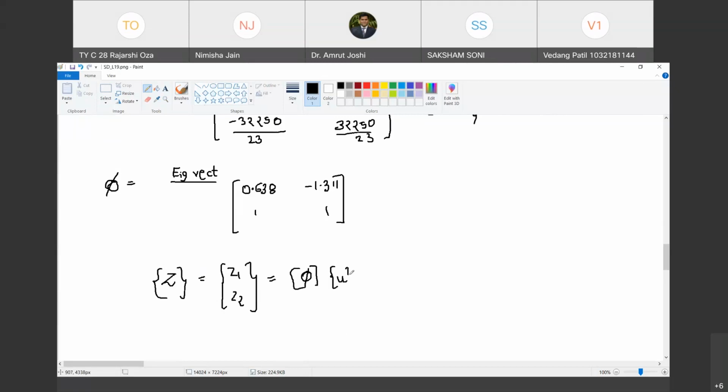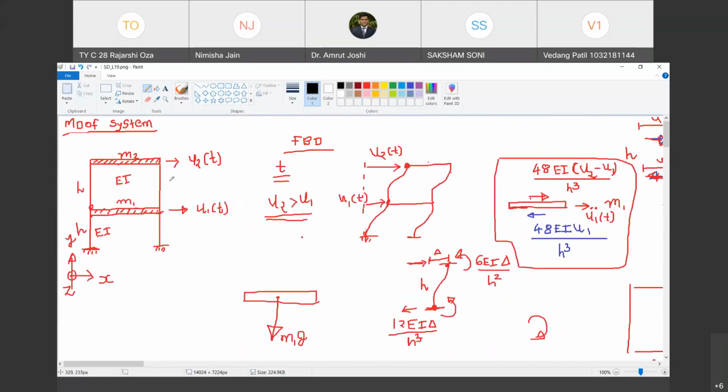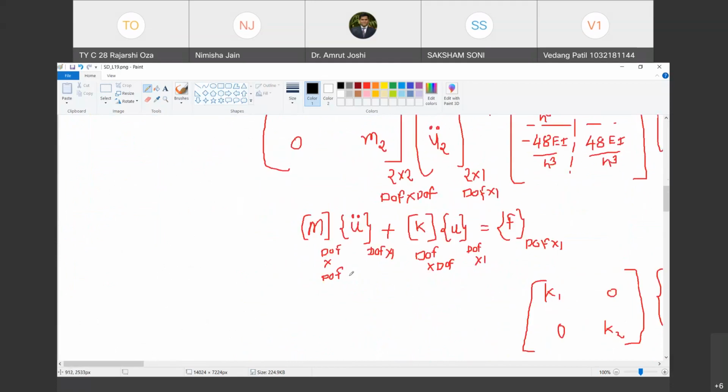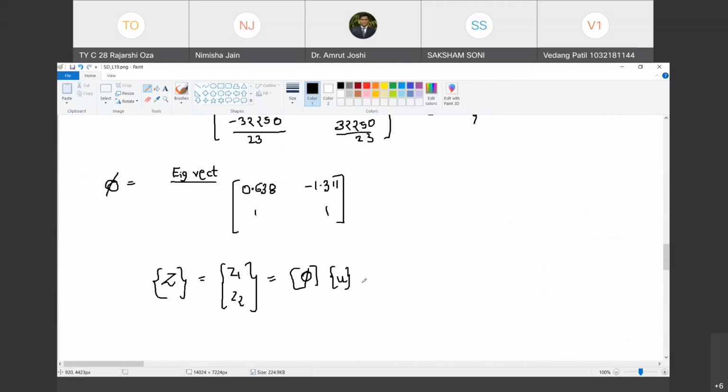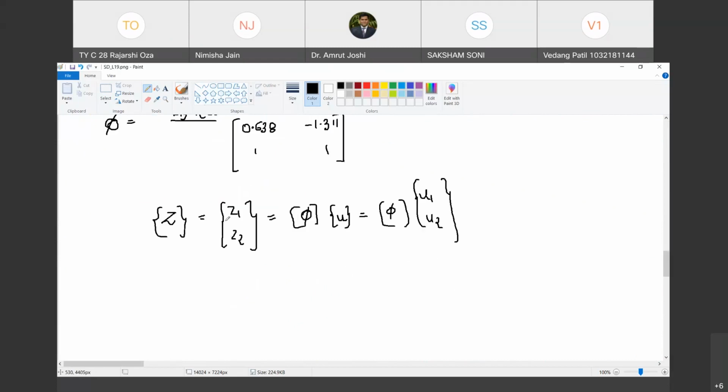What is u? u is the x directional deformation at node 1 and node 2, so it consists of two variables, u1 and u2. So z1 and z2 is equal to phi times u1 and u2. Happy?